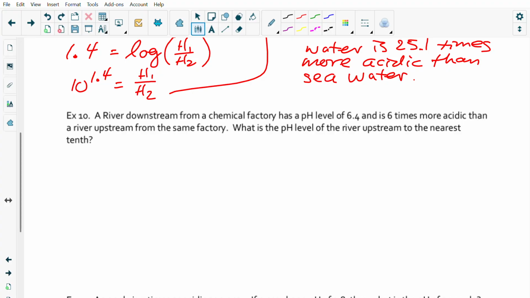Okay, example 10. A river downstream from a chemical factory has a pH level of 6.4 and is 6 times more acidic than a river upstream from the same factory. What is the pH level of the river upstream to the nearest tenth?